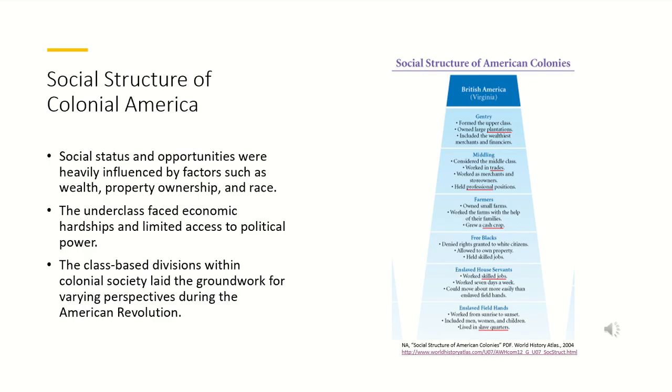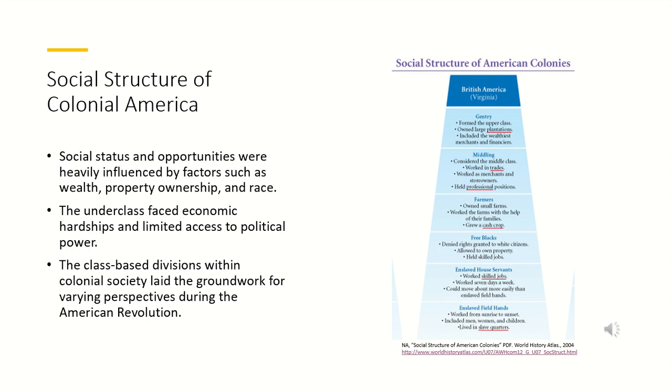Understanding the social structure of colonial America is essential to grasp the dynamics that influenced perspectives during the American Revolution. Colonial society was hierarchically structured with distinct social classes. At the top were the gentry, comprised of wealthy landowners, plantation owners, and influential merchants. They held significant economic and political power.